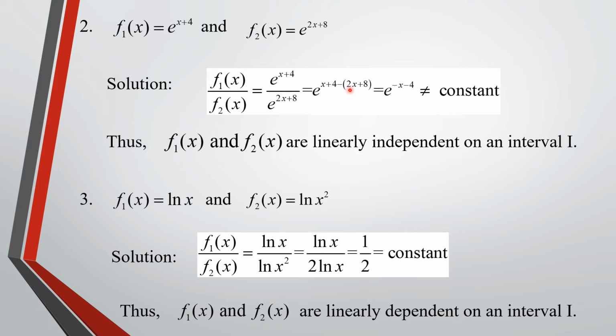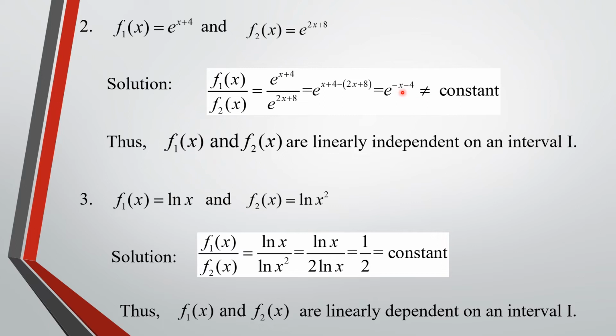Okay, and then you have to simplify this expression. Open up the bracket, so we get e to the power of minus x minus 4, which of course is not a constant. How do you know it's not a constant? Because the answer involves an x. X is a variable.